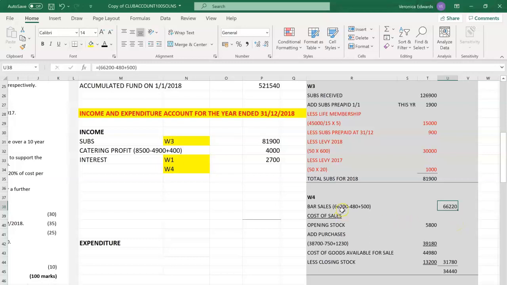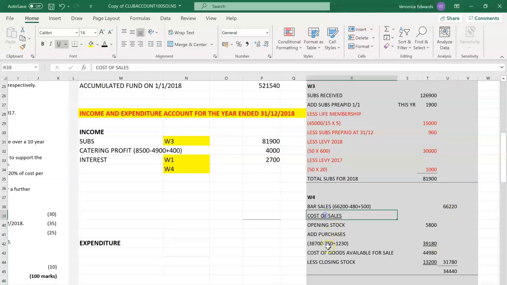So start with what you received, and then you need to look for debtors at the beginning and debtors at the end. If there's debtors at the beginning, that's for last year's sales, so you exclude that. And if there's debtors at the end, you need to include that because that will be for this year's credit sales. So now essentially you have this year's cash sales and this year's credit sales in that figure there.